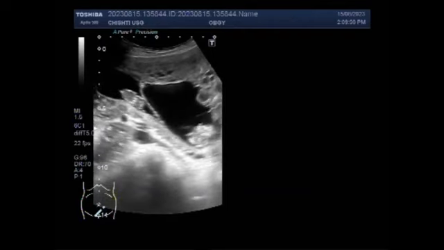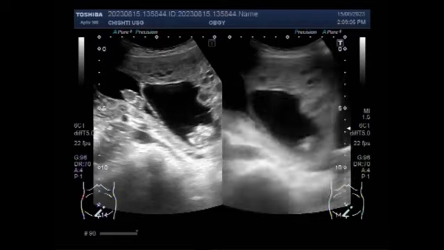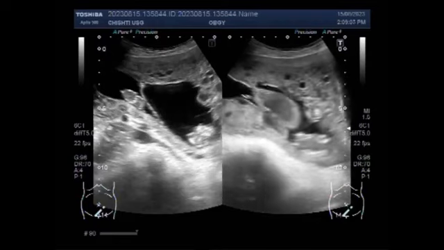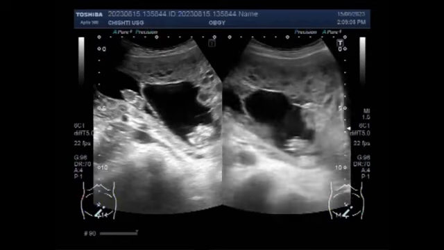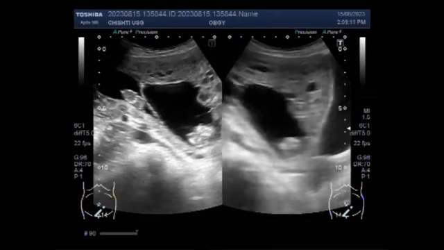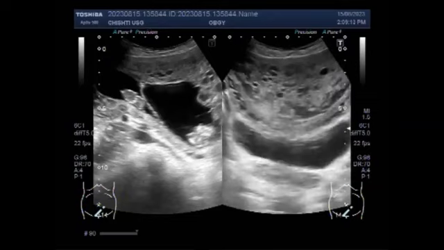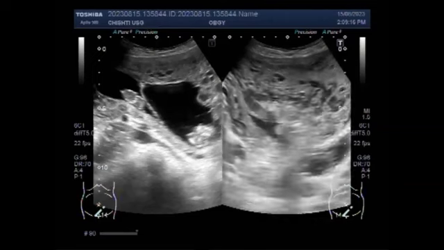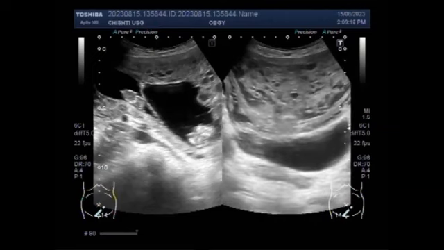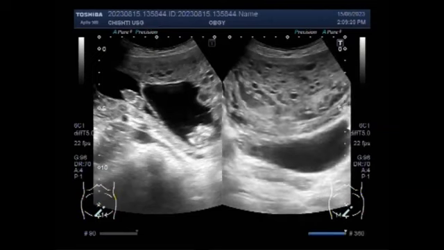However, a molar pregnancy may have normal HCG levels. Again, you can see the molar pregnancy along with these gestation sacs.